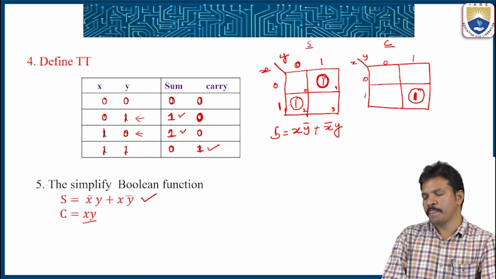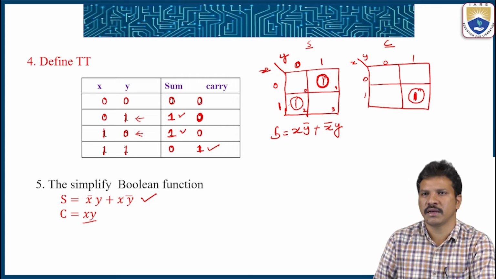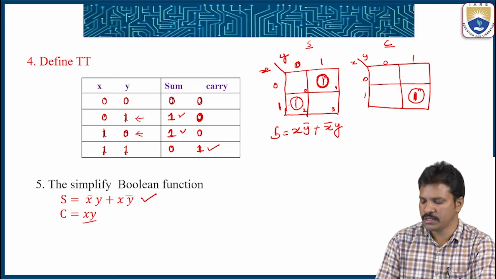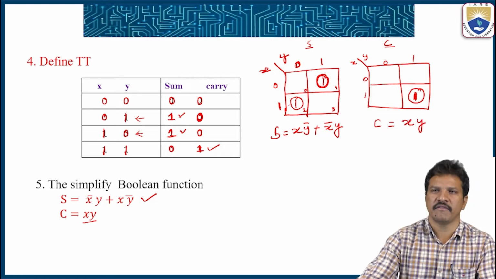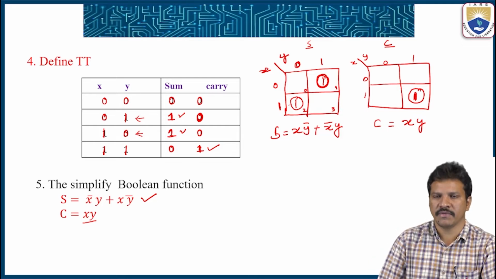So there is no further simplification; whatever minterms are in the square boxes, the same minterms come in the sum output. Carry also: in the second row, second column, the output is only x y. No reduction, but for the sake of explanation I took this K-map to show how to minimize the function.